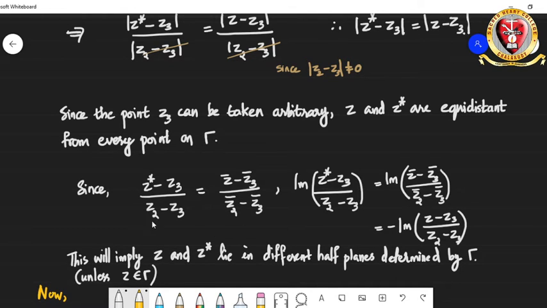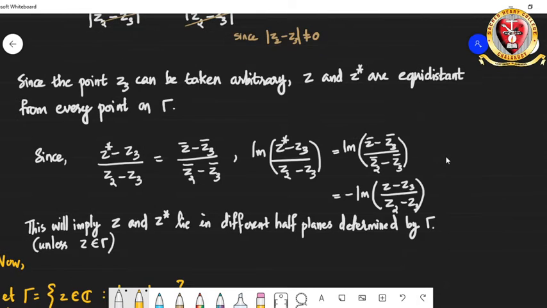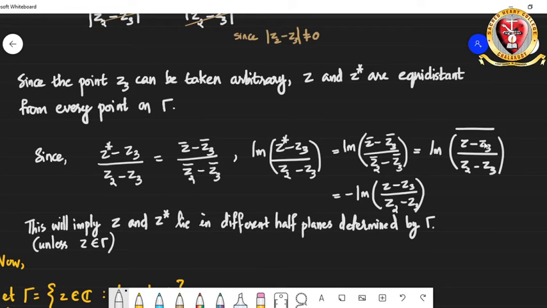And that means if these complex numbers are equal, the imaginary parts will also be equal. We know that this is equal to the imaginary part of ((z minus z3) divided by (z2 minus z3)) the whole bar, right? Both are the same.